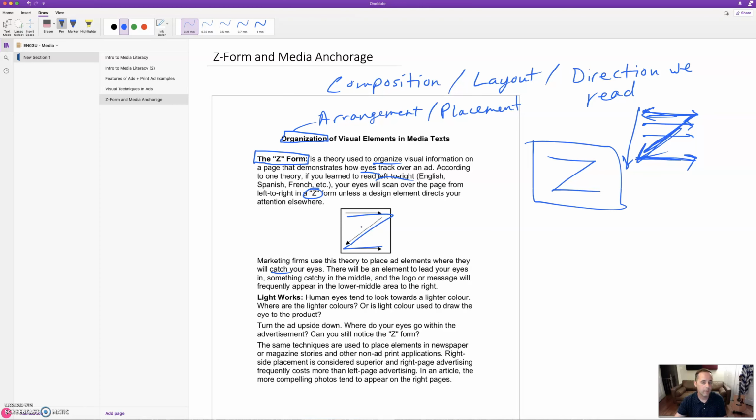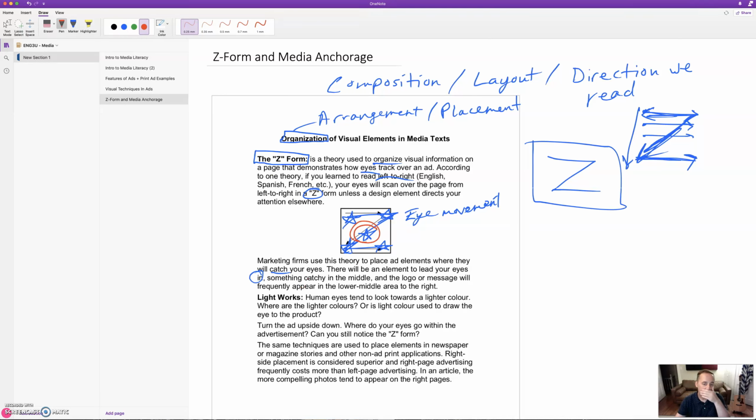So they want to anticipate the movement of the eye, right? The eye movement of their audience, and put the elements strategically in those spots. Maybe here, maybe dead center, whatever. You get the idea. There will be an element to lead your eyes in, something catchy, maybe right in the middle.